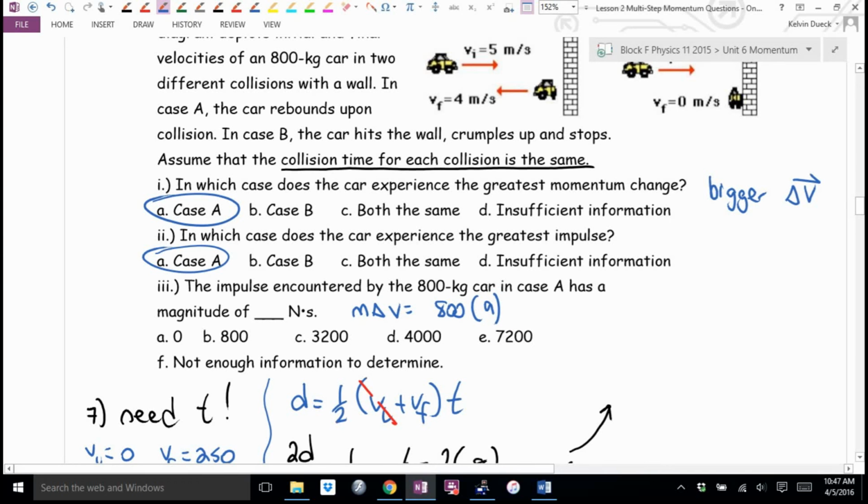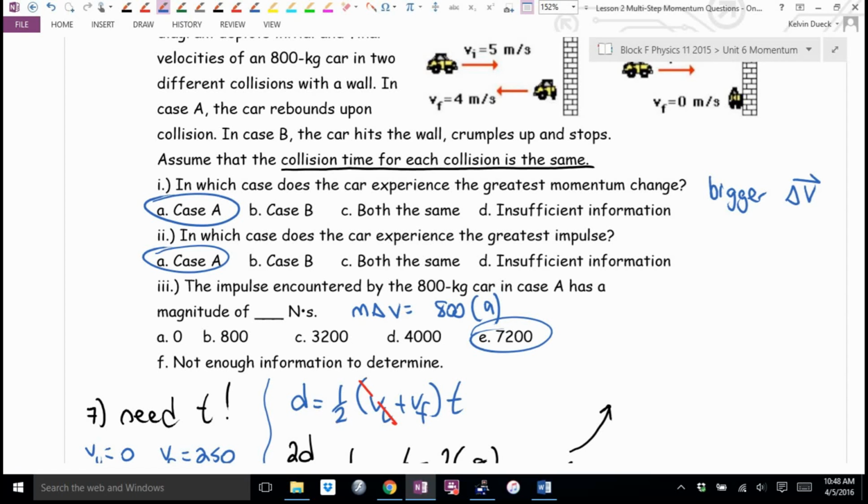But that has a magnitude of 7,200. Versus the impulse with car B would be 800 times 5, 4,000 kilogram meters per second. Which car experienced a bigger force? Well, since the time was the same, but the first car had a bigger impulse, it must have experienced a much greater force.